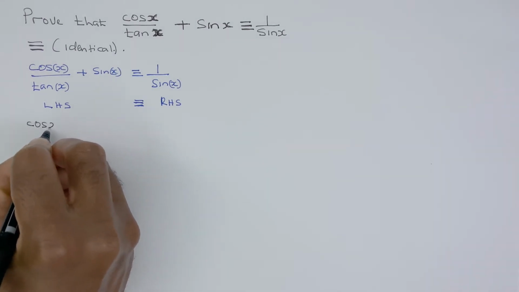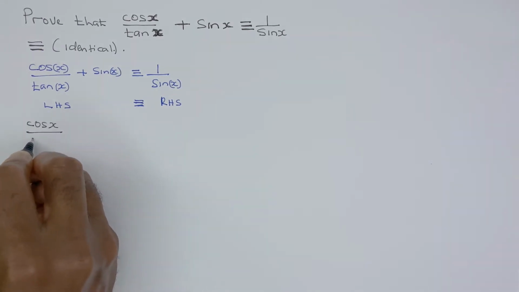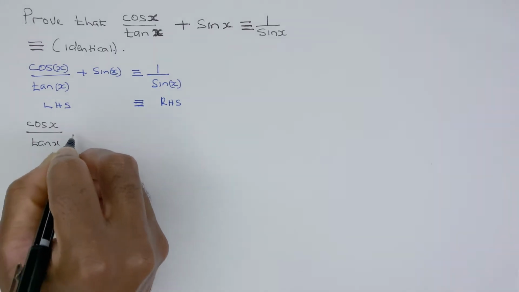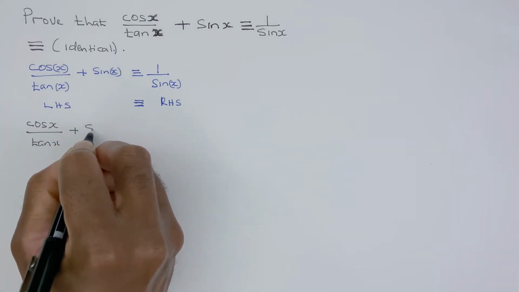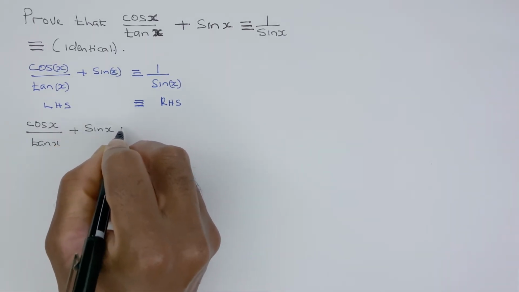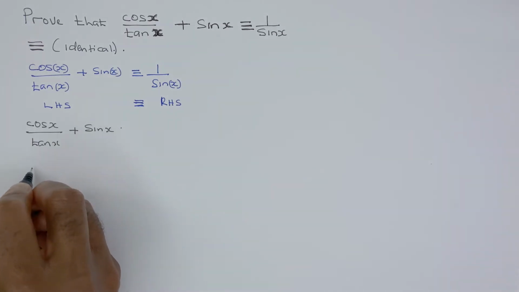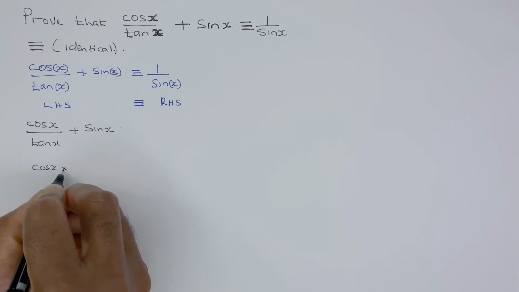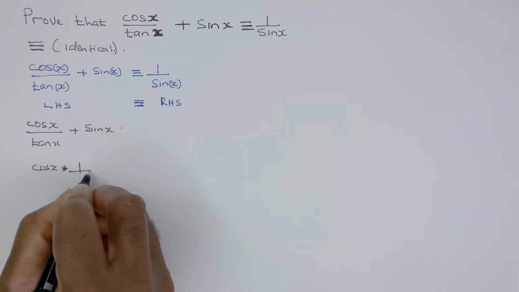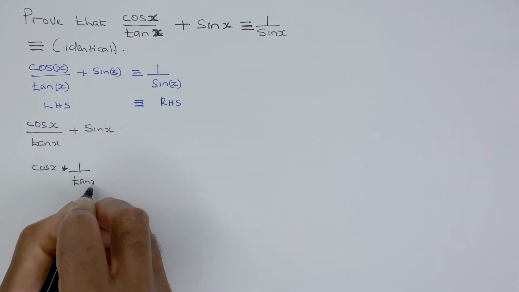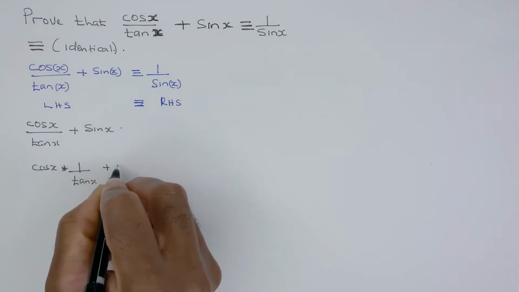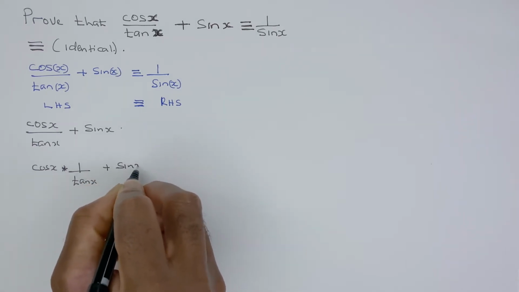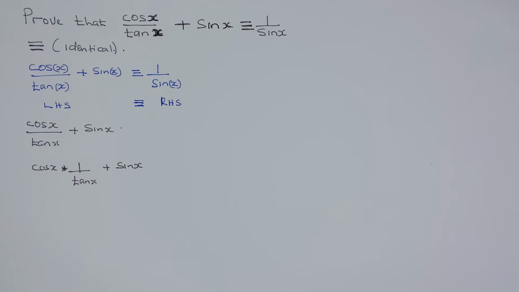Cos of x over tan of x plus sine of x can be written as cos of x times 1 over tan of x plus sine of x.